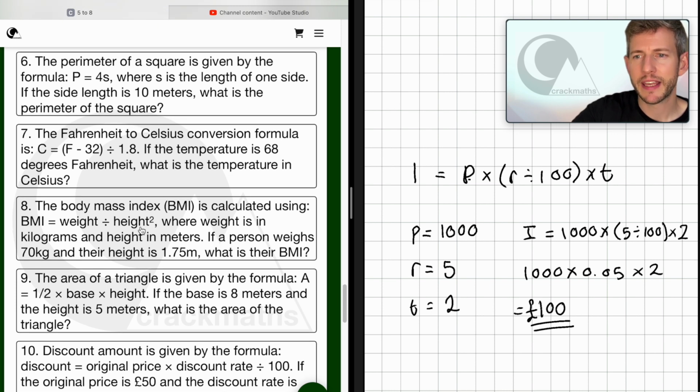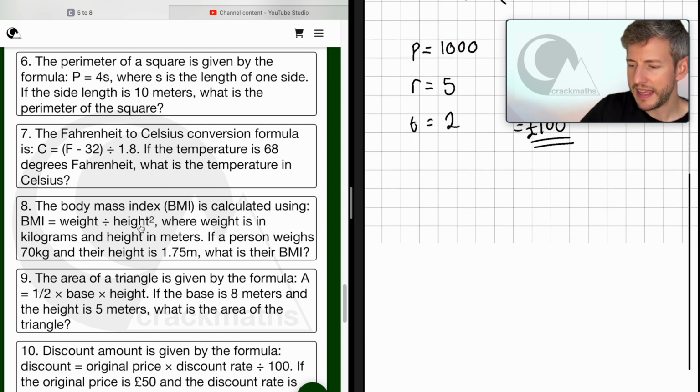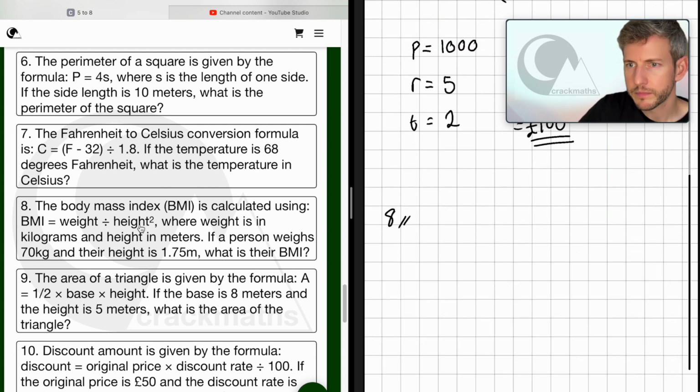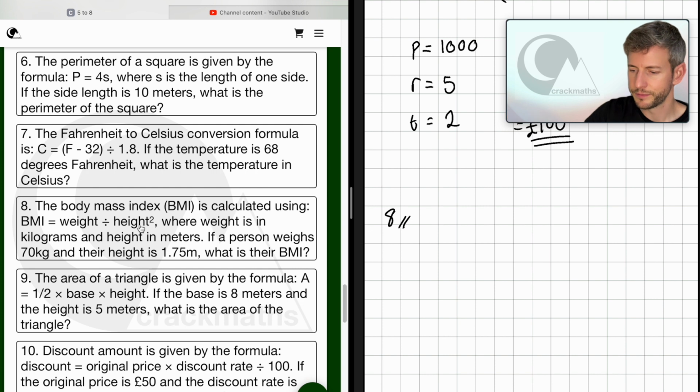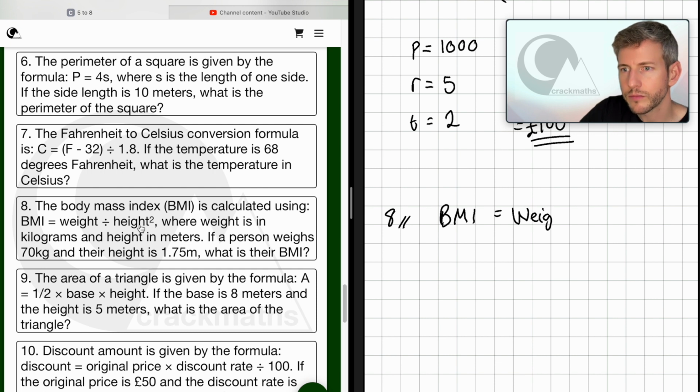So let's have a look here at question 8. So question 8 says, the body mass index is calculated using BMI equals weight divided by height squared.